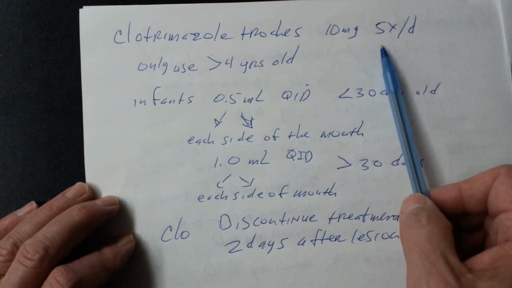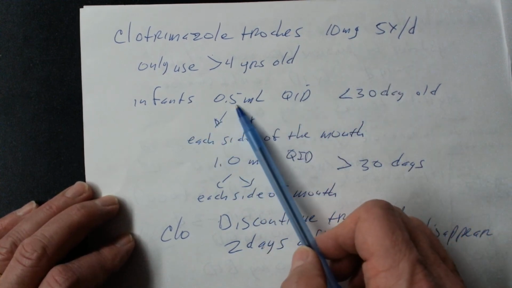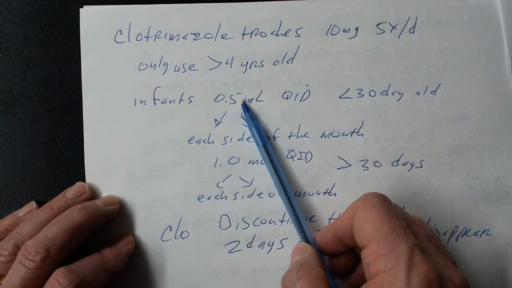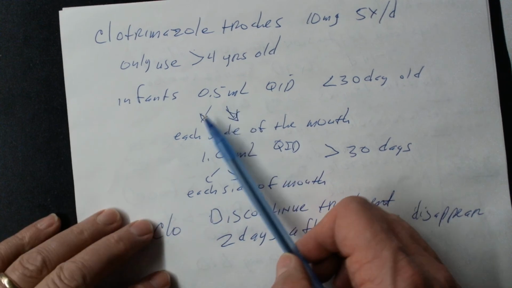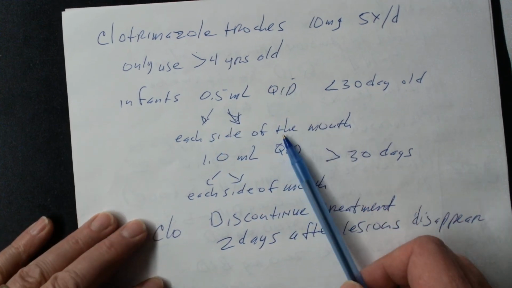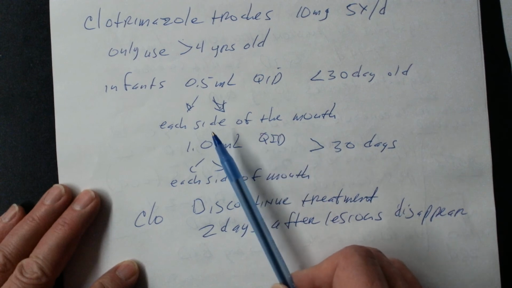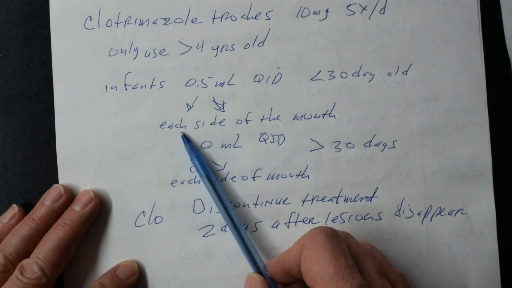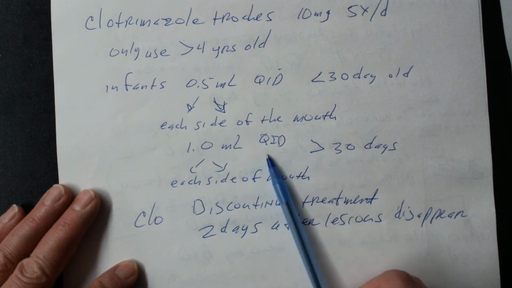Try to get the kid to not chew them. For infants less than 30 days old, use half a mil of nystatin, half a mil each side of the mouth 4 times a day. If they're older than 30 days old, you then use a mil each side of the mouth 4 times a day.